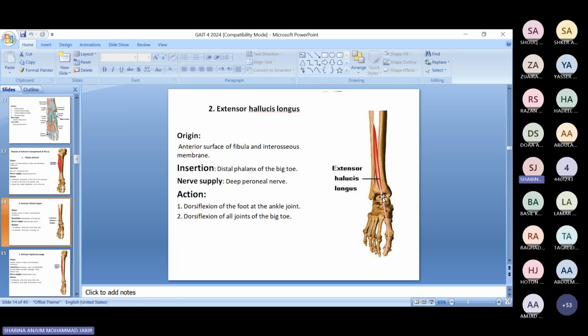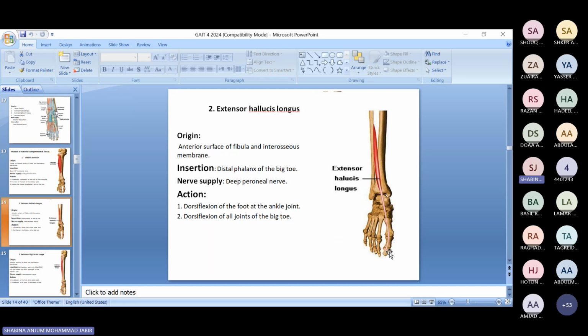Then next we have another muscle which is going to the great toe, the distal phalanx of the big toe. This is the distal phalanx. You remember this is distal, this is proximal. But in other toes, we have distal, intermediate, and proximal. This will also take origin from the fibula and interosseous membrane, and its insertion is over the distal phalanx of the big toe.